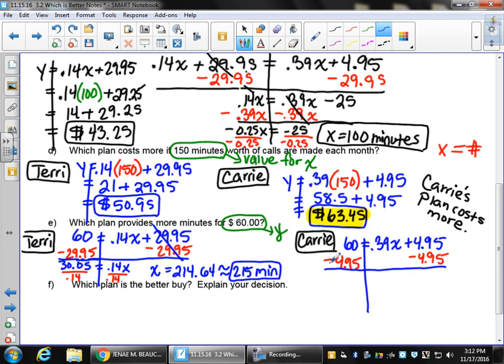So 60 minus 4.95 gets us 55.05 equals 0.39x. We'll divide both sides by 0.39. See what we get. 55.05 divided by 0.39 equals 141.15. So that's approximately 141 minutes.